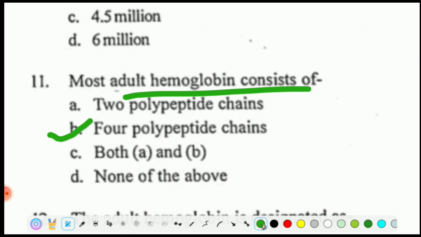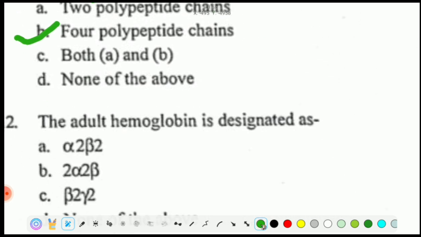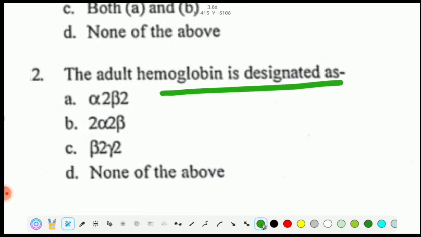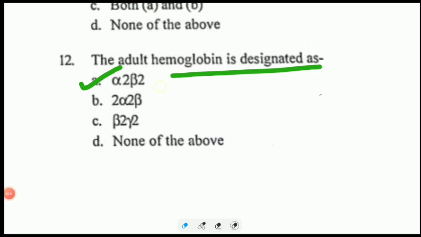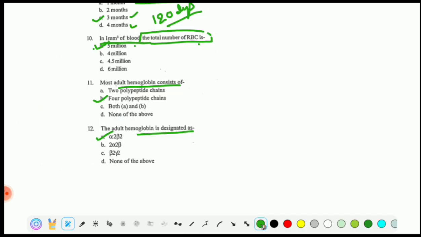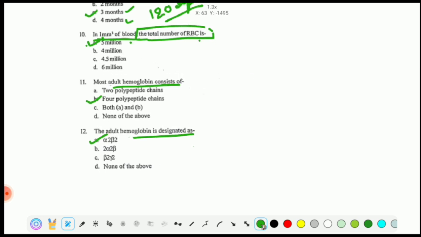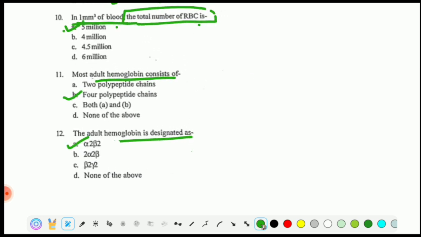If you know the structure of hemoglobin, if you are aware of the biochemistry of hemoglobin, then this question would be like a piece of cake for you. Then the adult hemoglobin is designated as alpha 2, beta 2. Try to analyze each and every option very carefully. You might get confused between alpha 2, beta 2 and 2 alpha, 2 beta as an option.